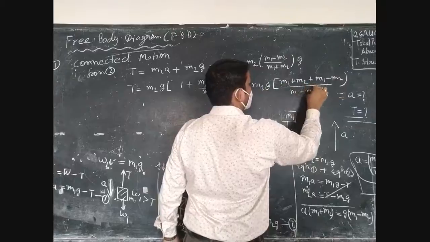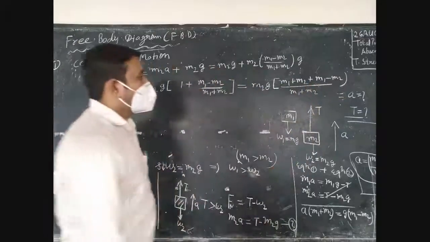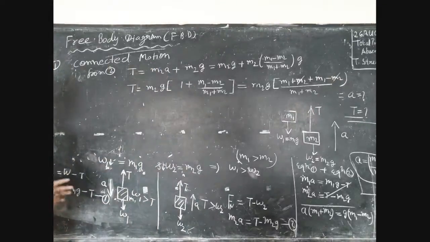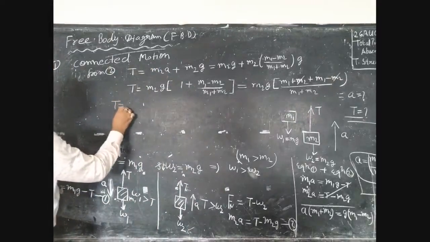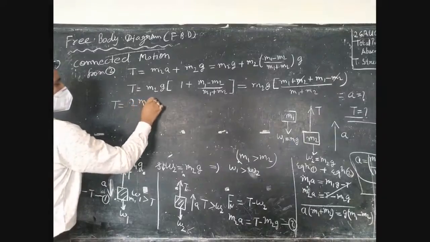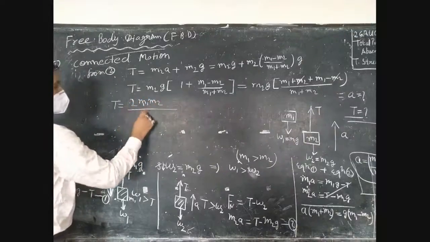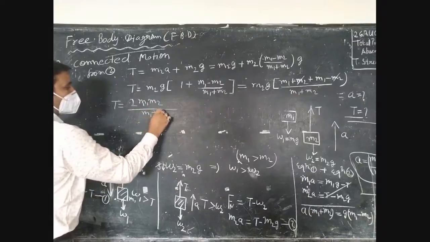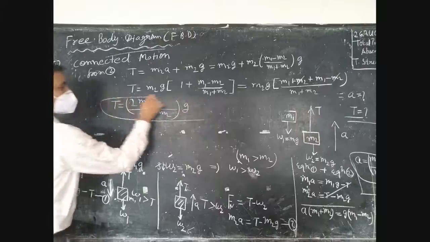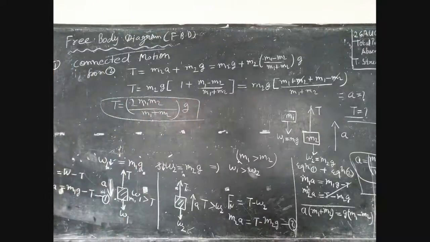Now the m2 is positive and negative, they cancel each other, and this tension is equal to 2 m1 m2 upon (m1 plus m2) times g. This is the tension appearing in the string.